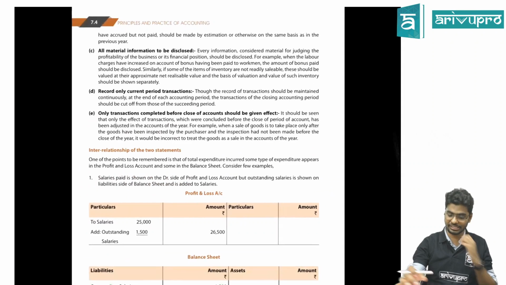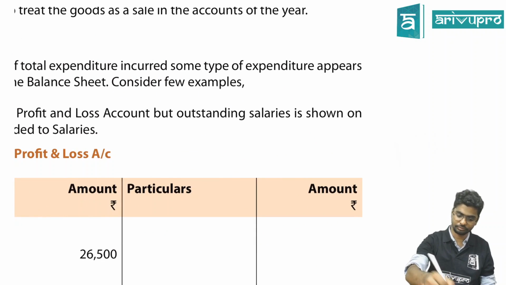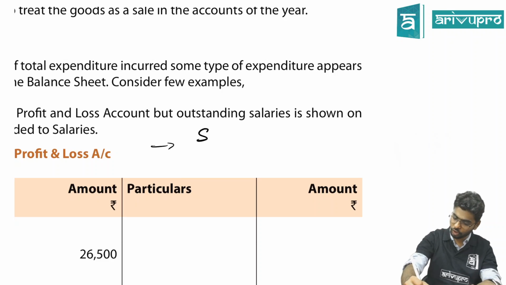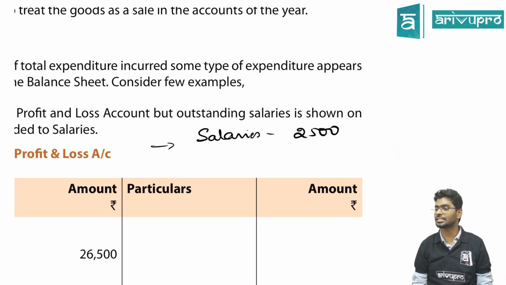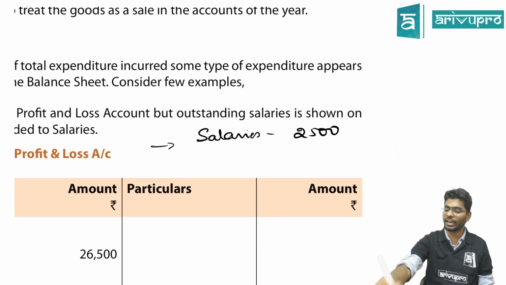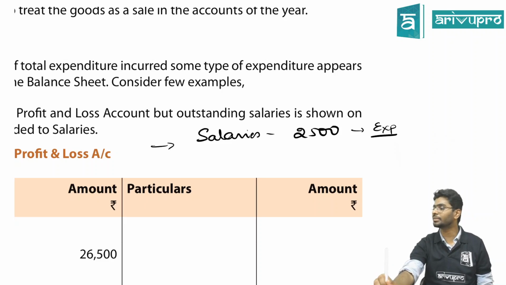Let me take an example. In your trial balance, they have told you salaries is 2500. Trial balance is saying salaries is how much? 2500. Where does it come? How many times will it appear in my final accounts?